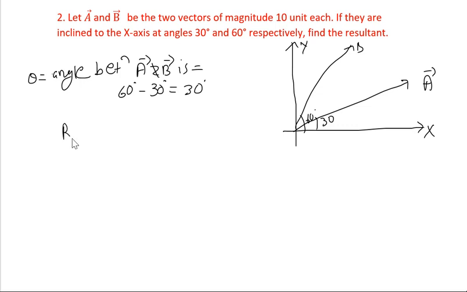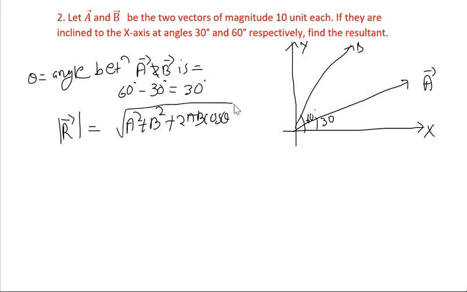Now the magnitude of resultant R is root over a square plus b square plus 2ab cos theta. Put the values; also the given magnitude is 10 units each, so a vector magnitude is equal to b vector magnitude, which is 10.